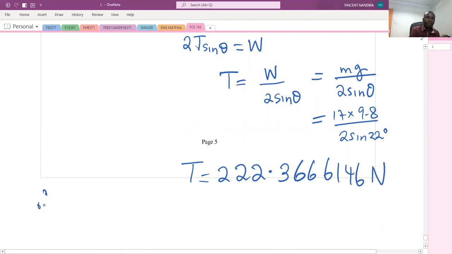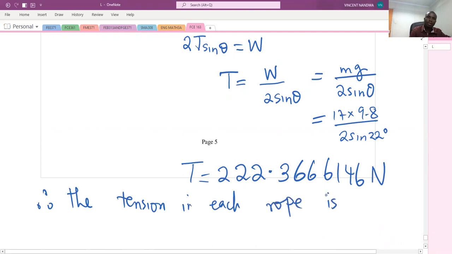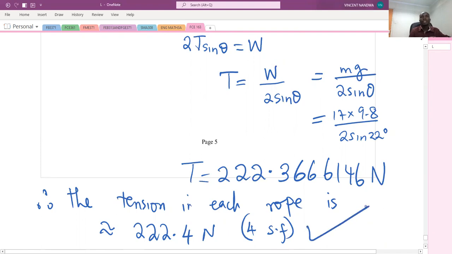So therefore, the tension in each rope is 222.54 newtons, to four significant figures. So that's how we solve that particular problem. Thank you.